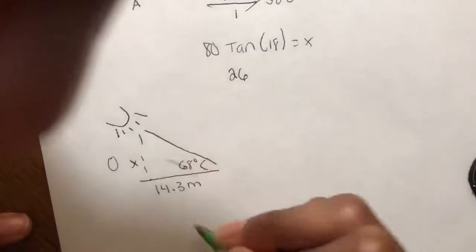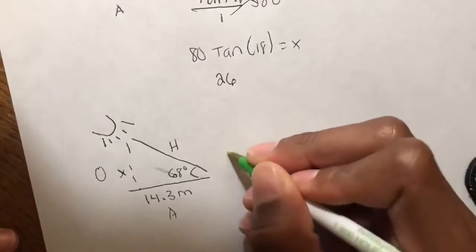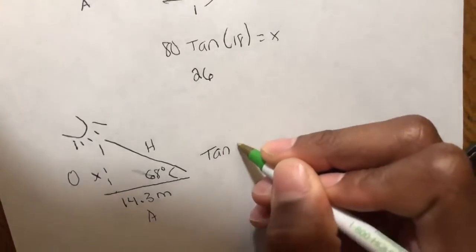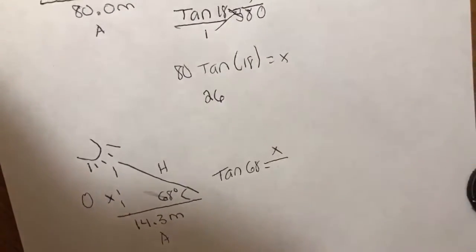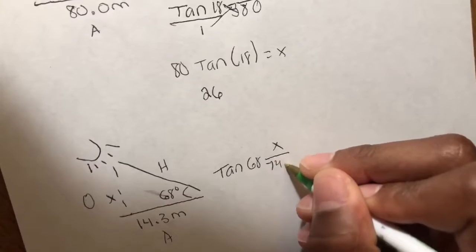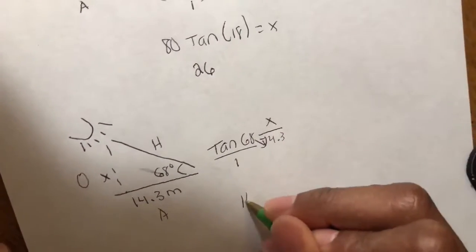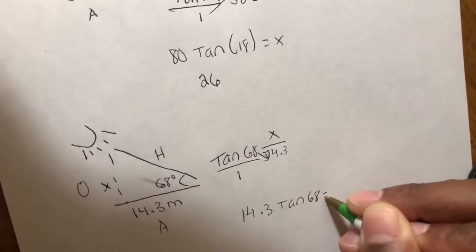You know the opposite, you know adjacent, you don't know the hypotenuse. So in this case, you'd use tan. It'd be tan of 68 equals x over 14.3. Then you want to cross multiply. You have 14.3 tan of 68 equals x.